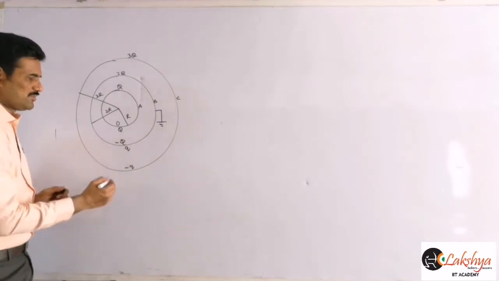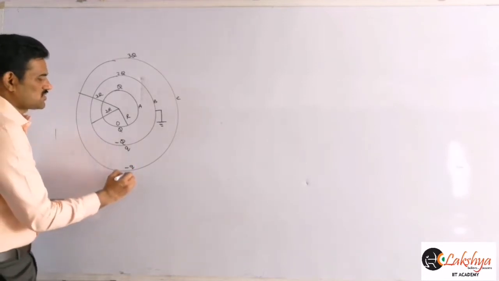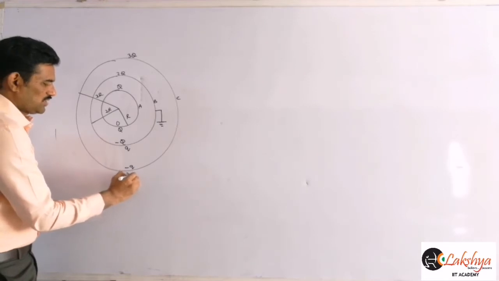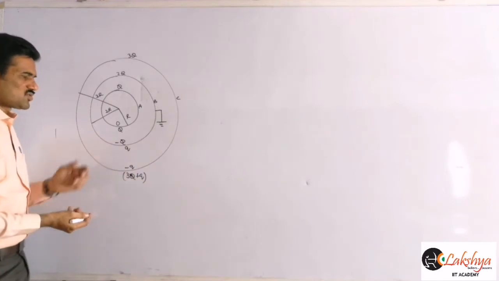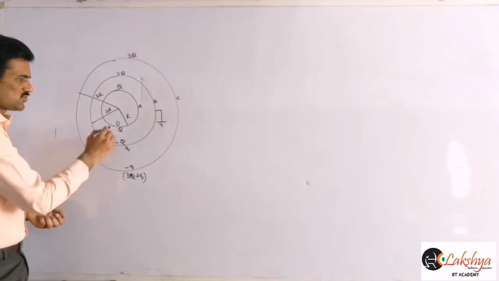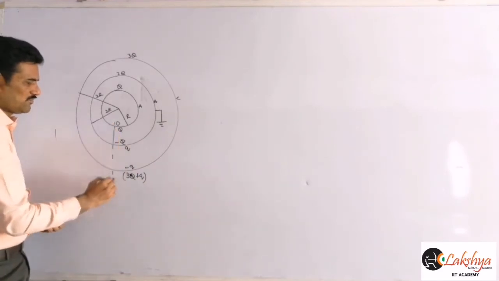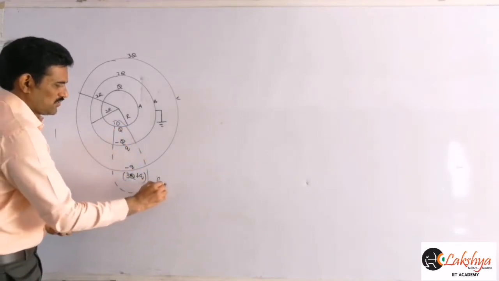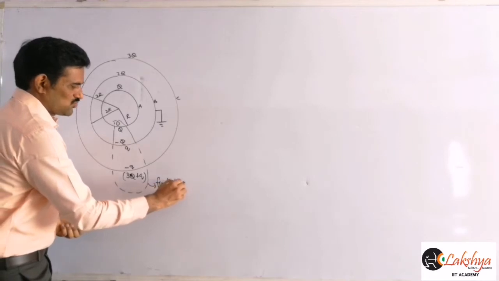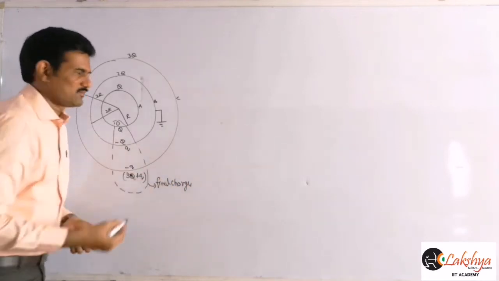And now this charge will be 3Q plus q, the induced charge. So the charge distribution will take place like this. These are the final charges we are assuming after grounding, right?